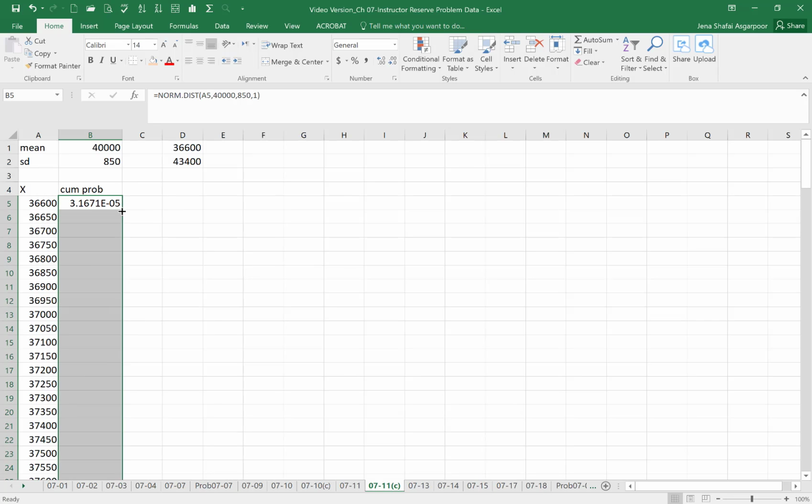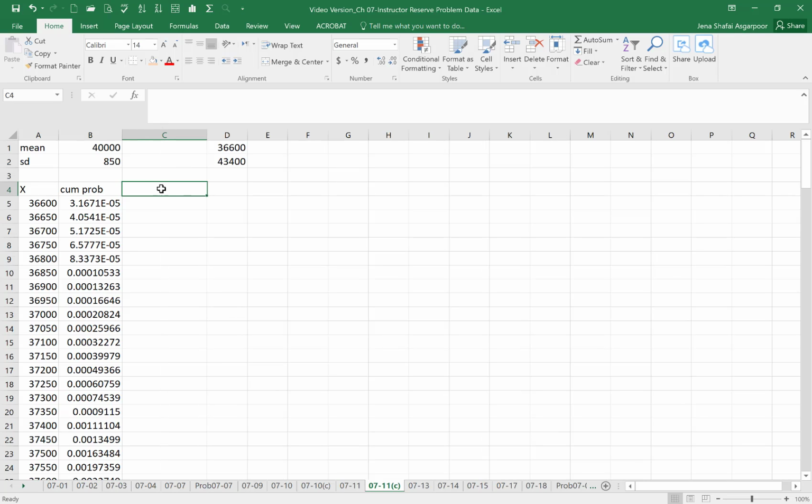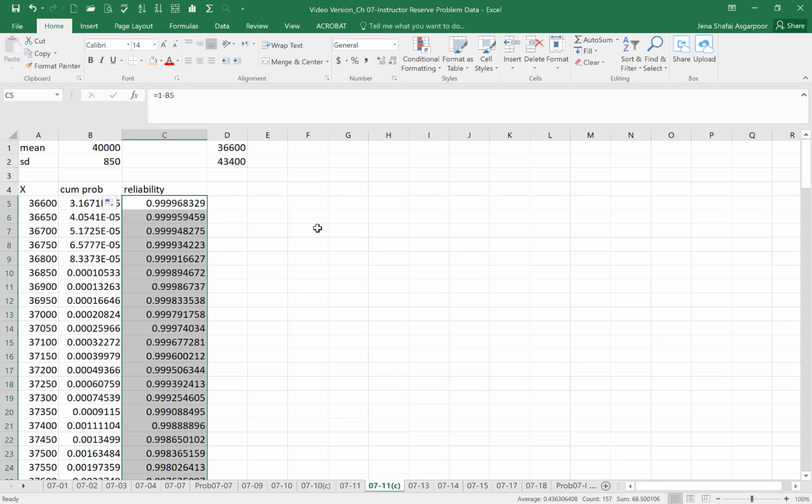So copying that down, then I can compute the reliability, which is 1 minus the cumulative probability. And again, copying that down, I get these numbers.